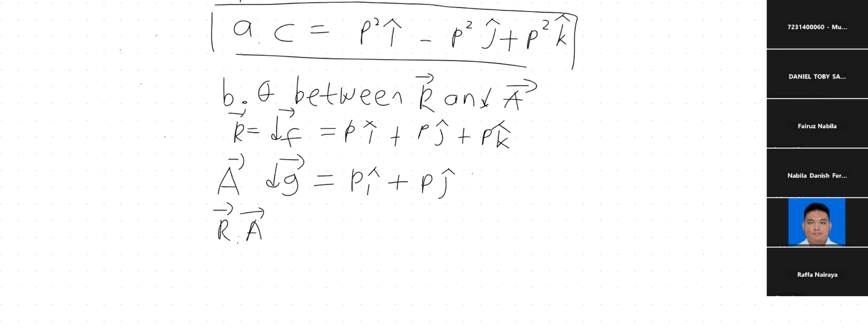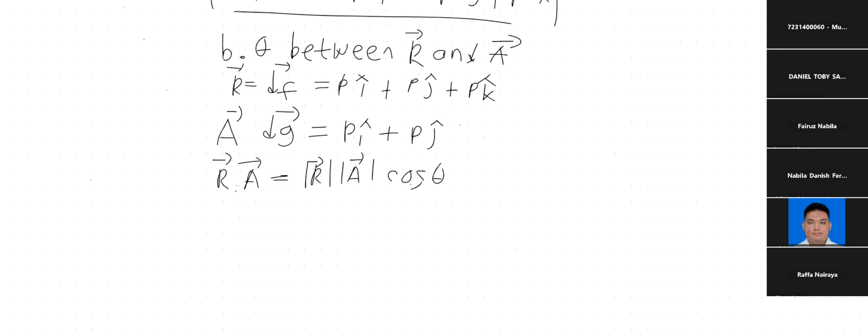R dot A is going to equal the magnitude of R times the magnitude of A cosine theta. Now first, what you have to do is take the dot product of R and A. So R is going to be P, P, P dot with P, P, 0.